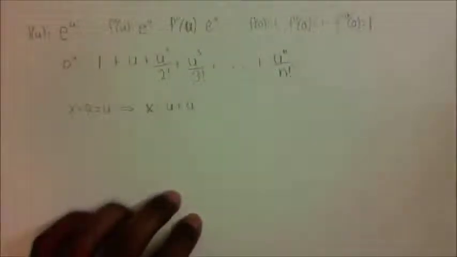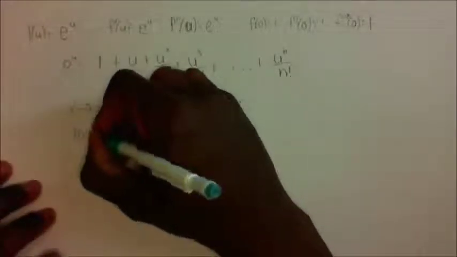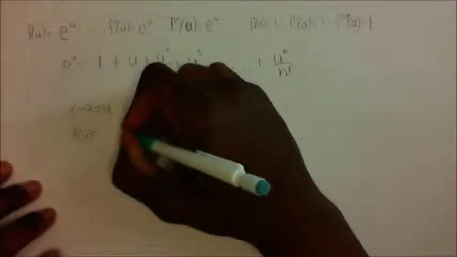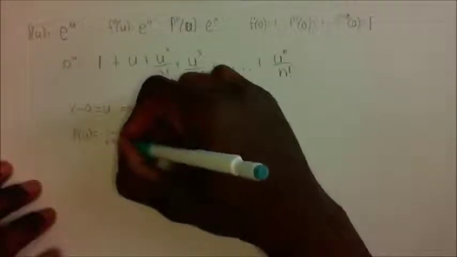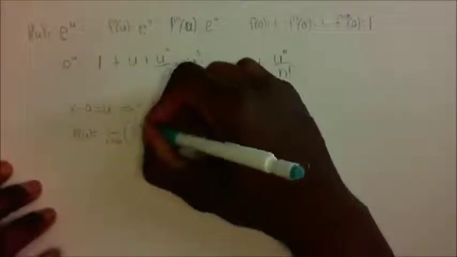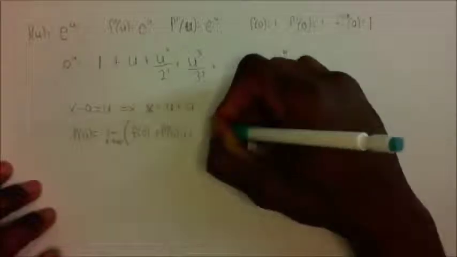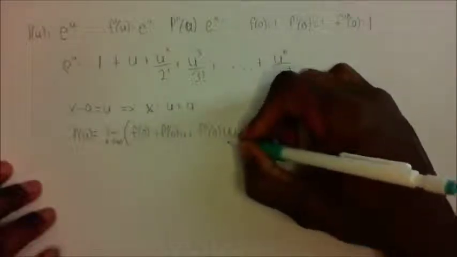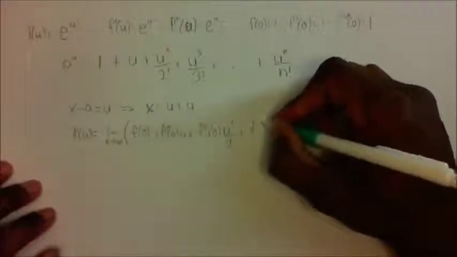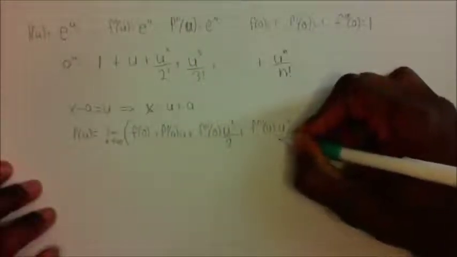So now, I'm going to write out this equation again: f of u is equal to the limit as n approaches infinity of f of 0 plus f prime 0 u plus f double prime 0 u squared over 2 plus f triple prime 0 u cubed over 3 factorial.